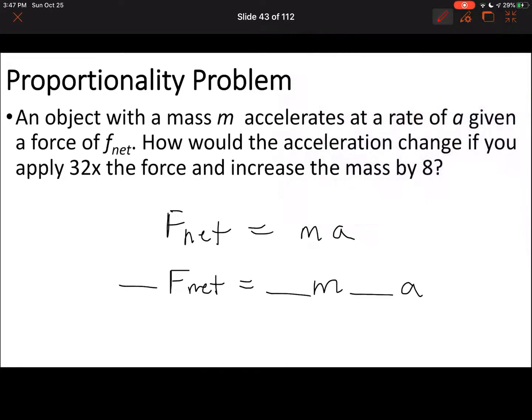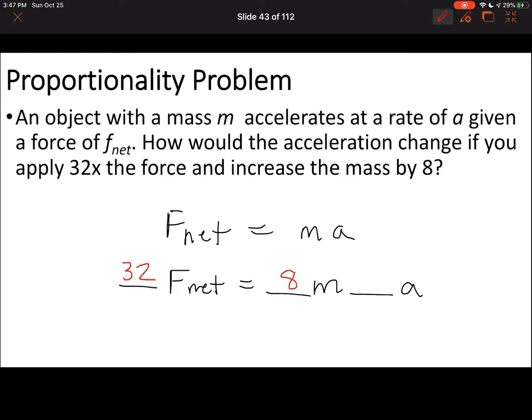We are changing a couple different things. We want to keep the same proportionality because we're asking how would the acceleration change if we have 32 times the force that we did before and increase the mass by 8. How would the acceleration change compared to how it was before? Meaning we just need to keep this proportional.